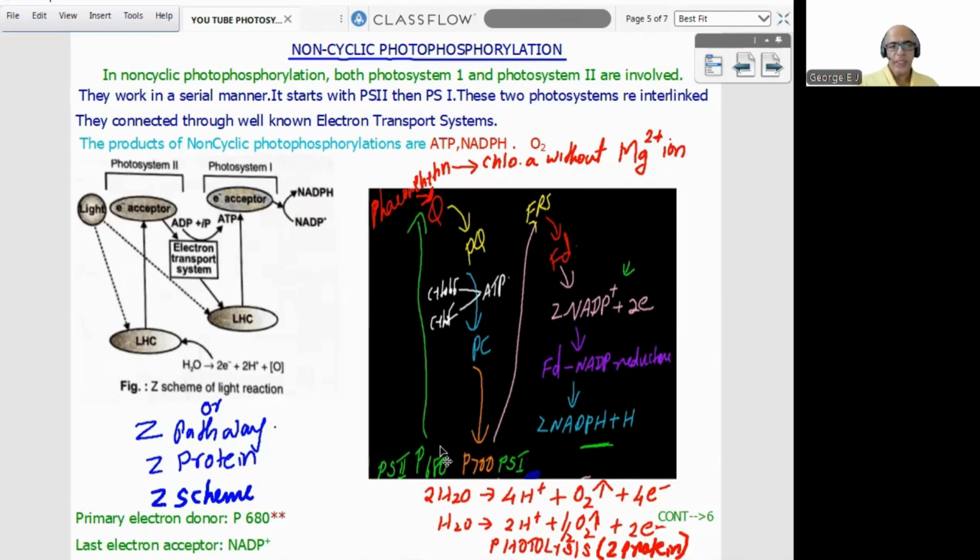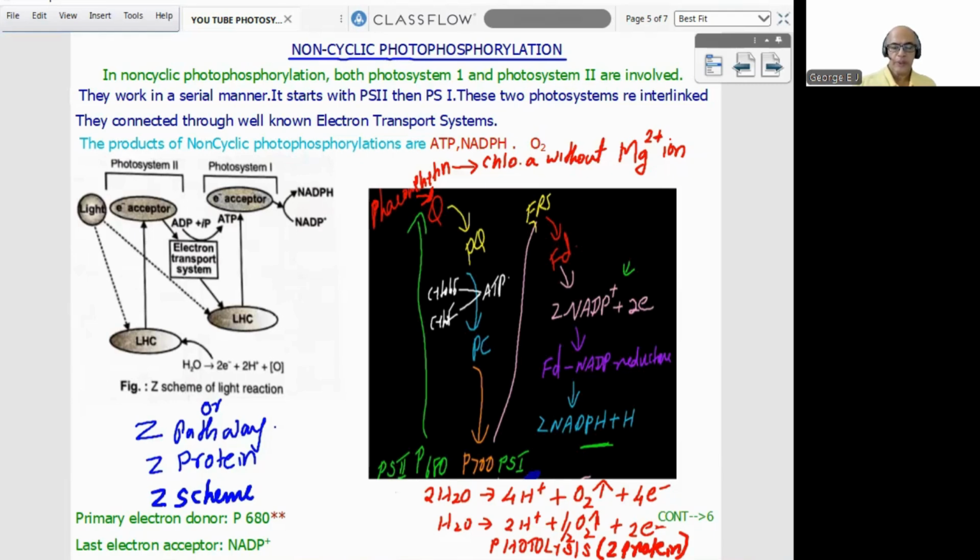They work in a serial manner. It starts with PS2, then PS1, and these two photosystems are interlinked, connected through the well-known electron transport system. And what are the products of non-cyclic photophosphorylation? ATP, NADPH2 or NADPH, the assimilatory powers, and there is release of oxygen. I think the idea is clear.